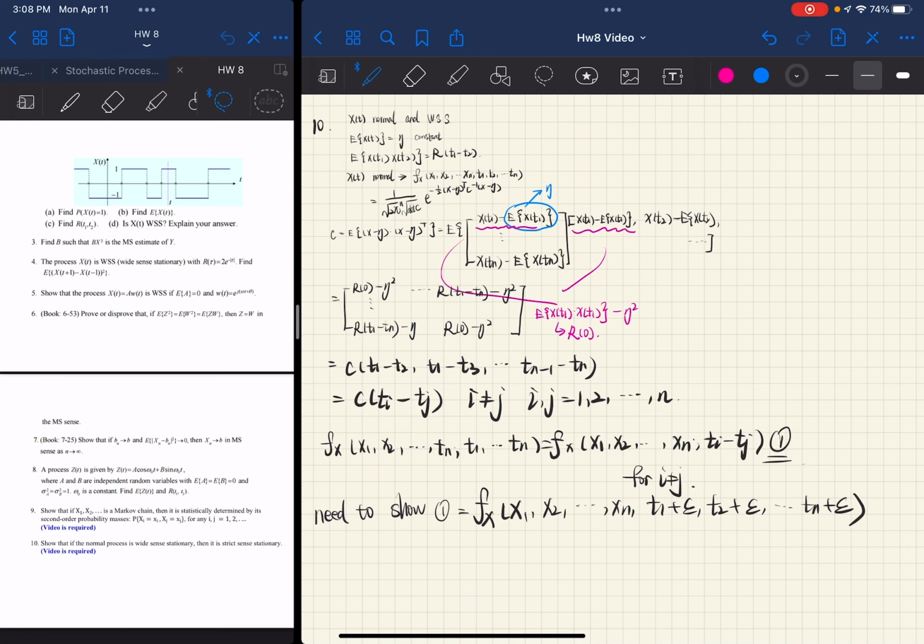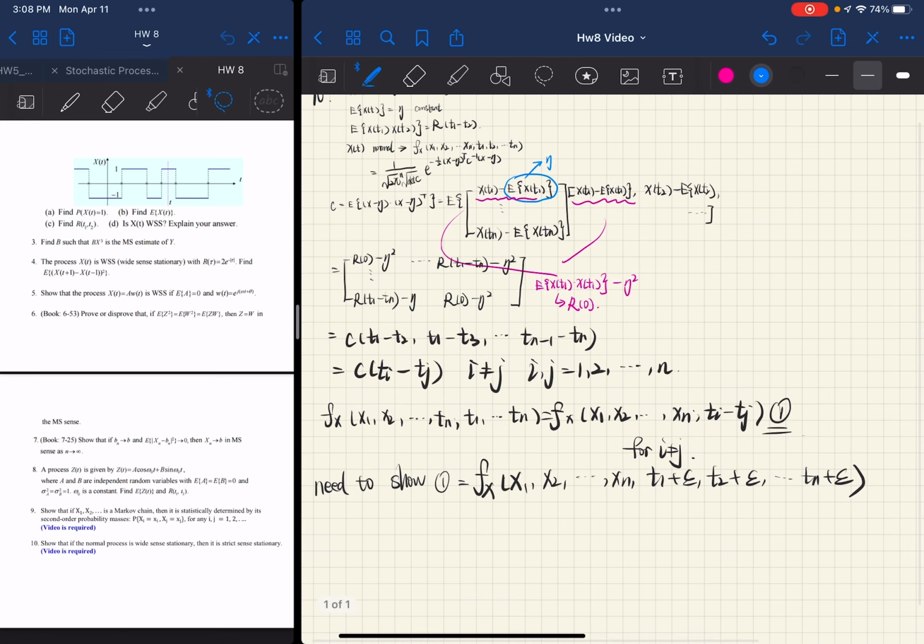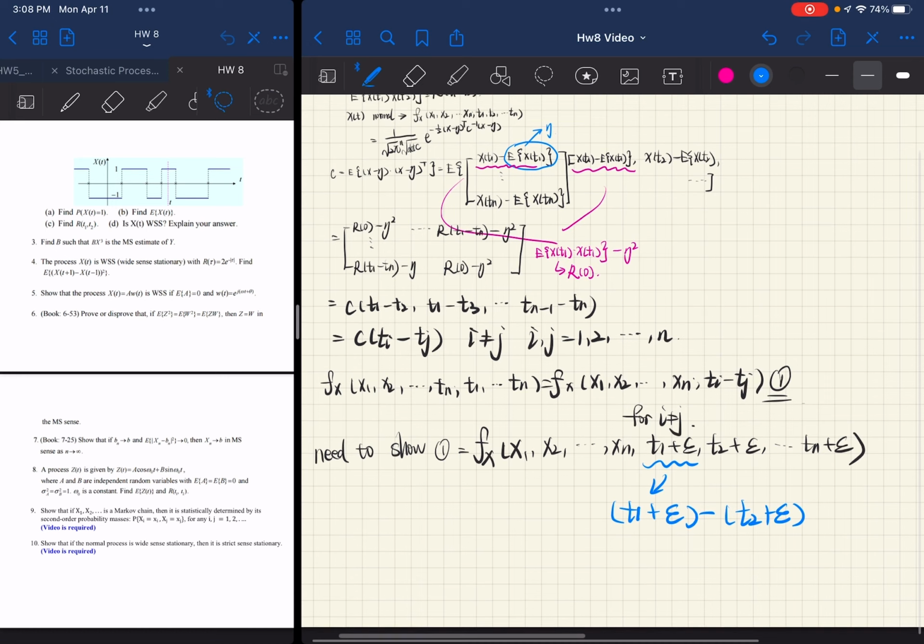Also notice that, based on the property we get from here, we can write this term as ti plus eta minus tj, which is t2 plus eta, and the etas cancel each other, so we get this equation.